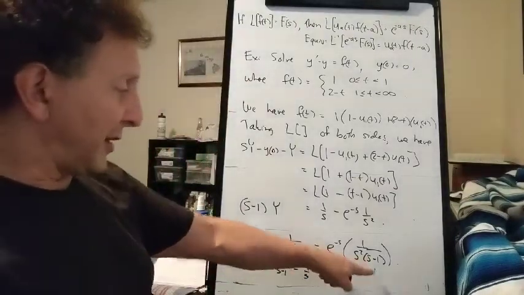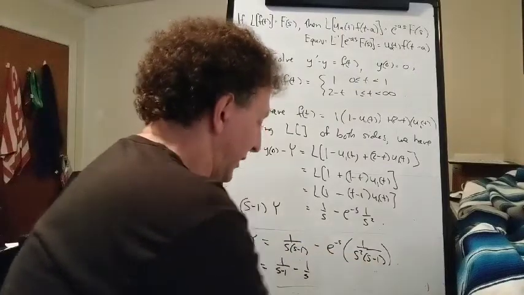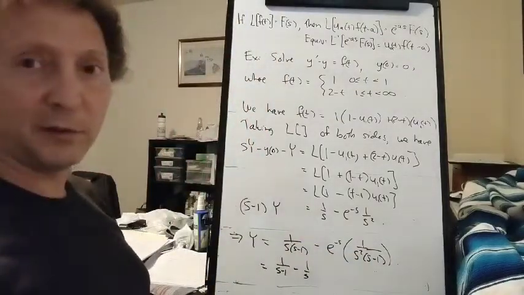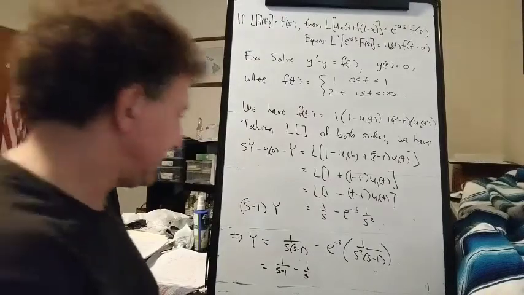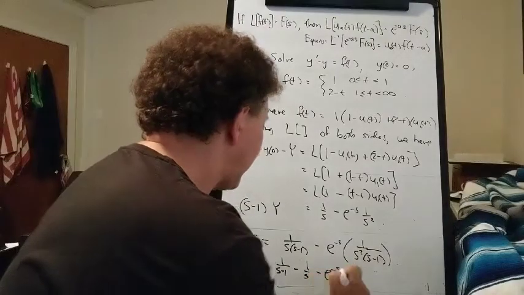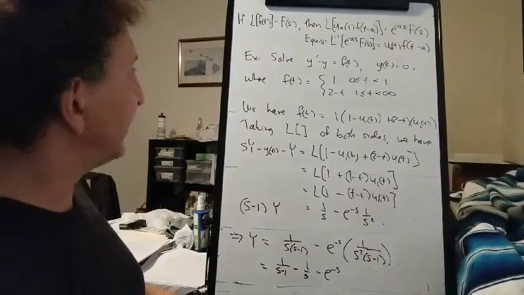But then we need partial fractions to figure out what 1 over s squared (s minus 1) is. I don't have that memorized, and I suspect many of you don't either. So let's use partial fractions and figure it out.